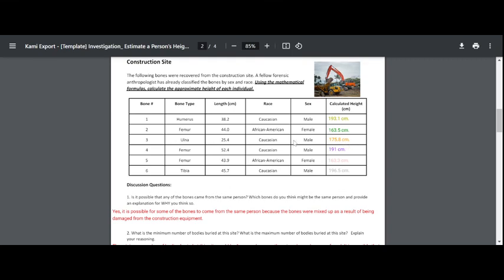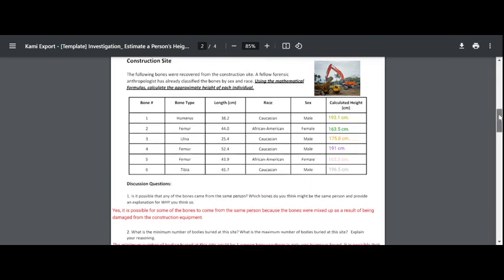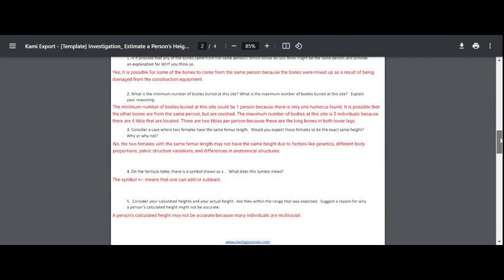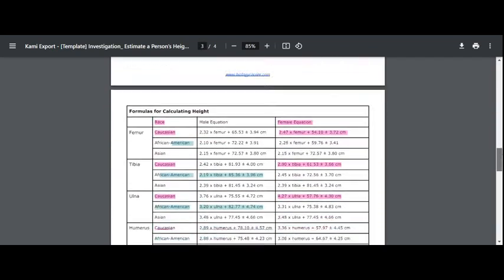Okay, so again, we're going to calculate the height using the measurement of the ulna, and it's based upon the fact that the skeleton is a Caucasoid male. Okay, so let's see what that looks like when it's worked out.